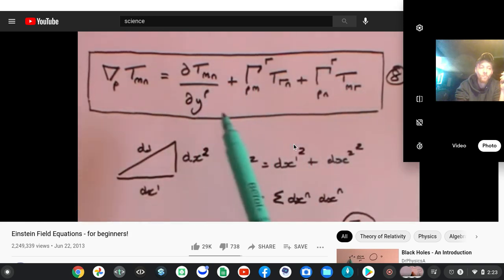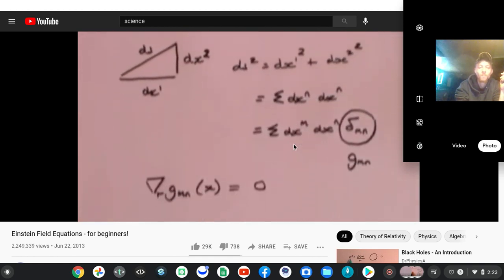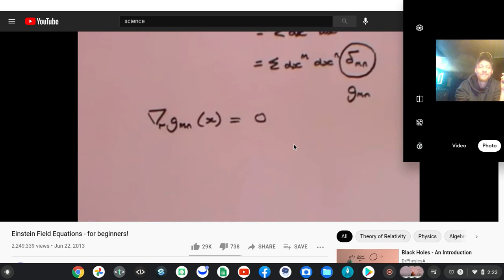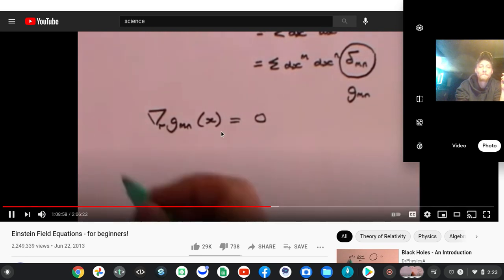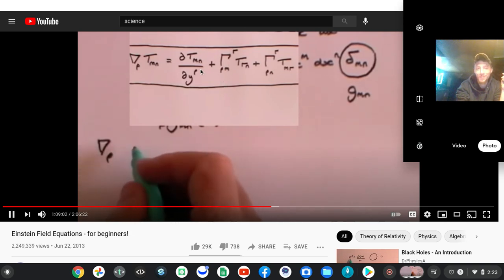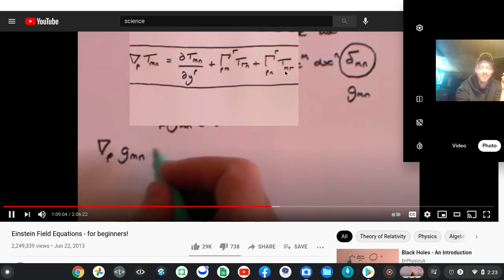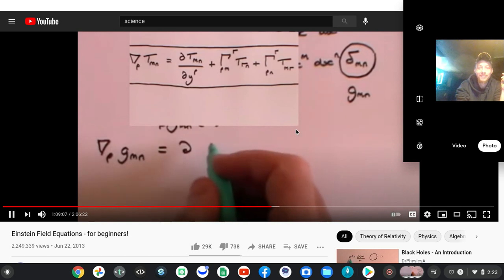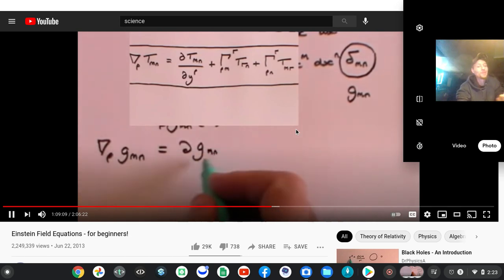So if we replace T's by G's, then this all becomes 0, so let's just do it. I'm going to take equation number 8 and simply write it out again, exactly as it was, but this time I'm going to substitute G for all the T's.